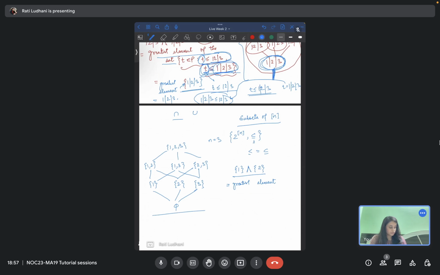Now can you tell me what will be the meet of 1 and 2? It is the greatest element of the set of the poset, basically T belongs to P such that T is contained in the set 1 and T is contained in the set 2. Okay, is that clear?